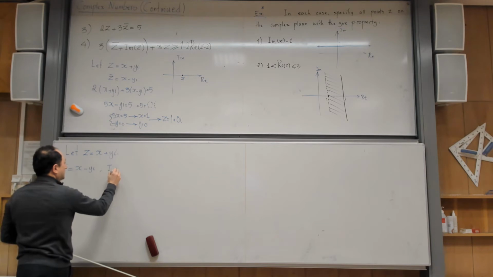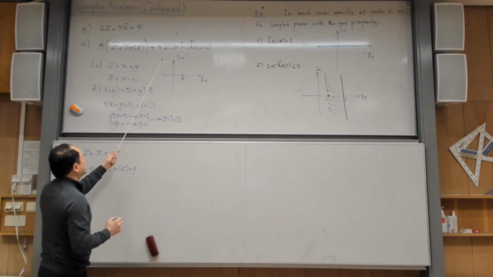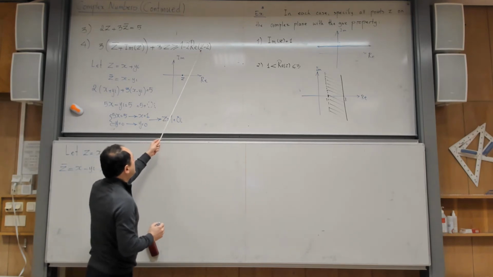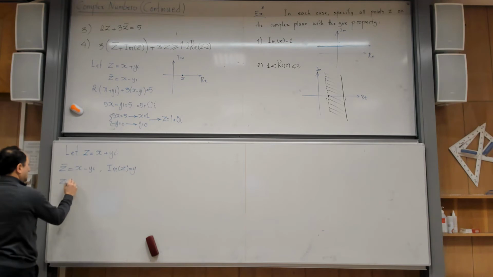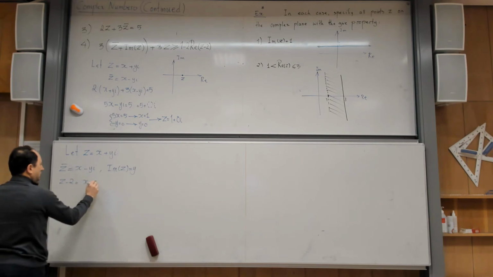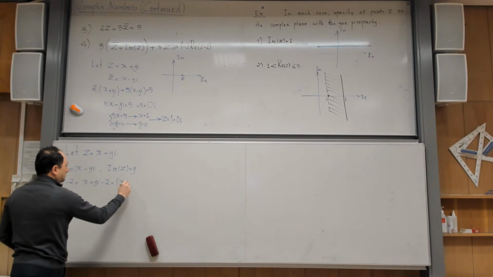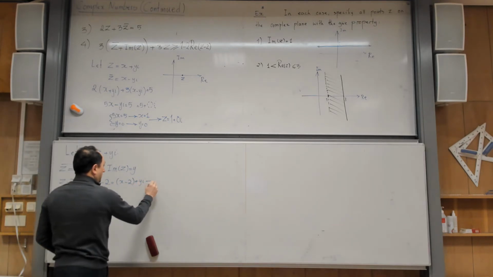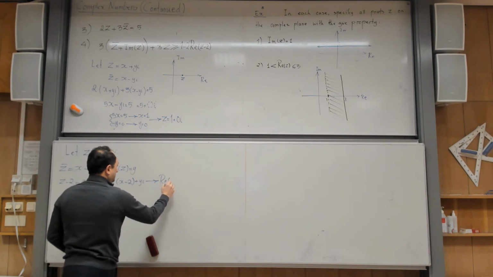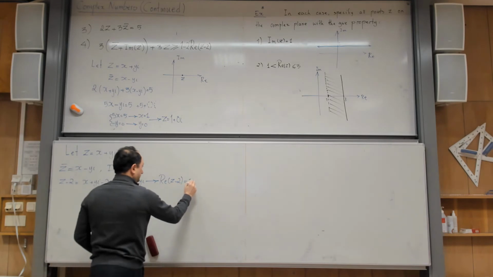So what is the imaginary part of z? It is y. That's good. Okay, I need z minus 2 first. So z minus 2 becomes x plus yi minus 2. But these are real, so I can combine them, and then it becomes x minus 2 plus yi. Then if I ask you what is the real part of z minus 2, you can answer it is x minus 2.